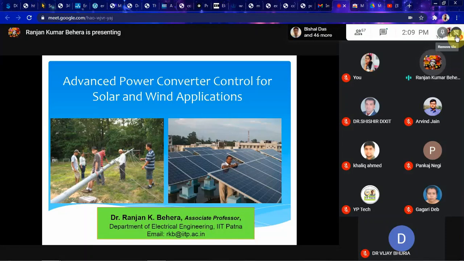Although outside you will see the panels are very good, inside there is some kind of breakage in the microelectronic circuitry, so efficiency comes down. The second one is the structure. Especially in Port Blair, and in Odisha also, most of the time there is some kind of cyclone, and this cyclone can damage the plant. They can uproot a big solar plant also.